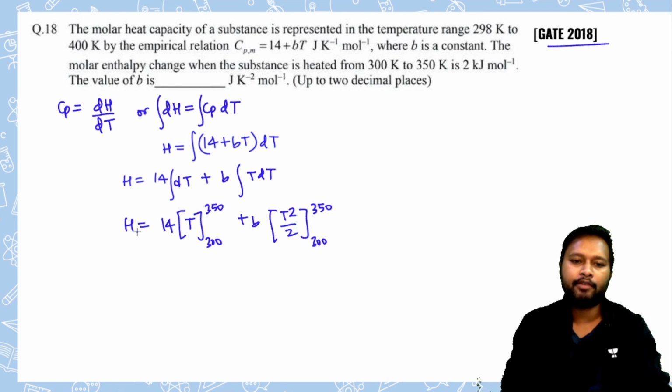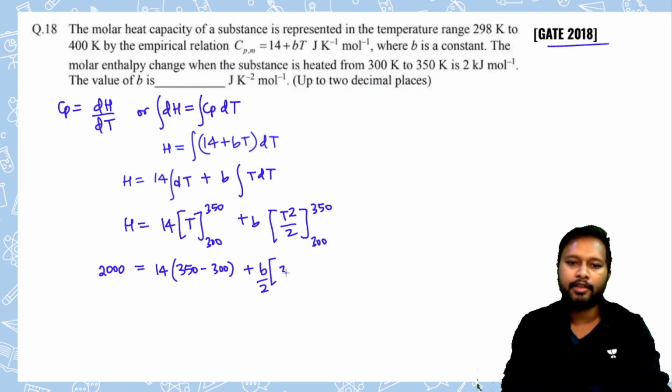Now just substitute the values. H is given as 2 kilojoules, put it in joules, so 2000 joules, equals 14 into 350 minus 300, plus B by 2, taking the 2 outside, into 350 square minus 300 square.